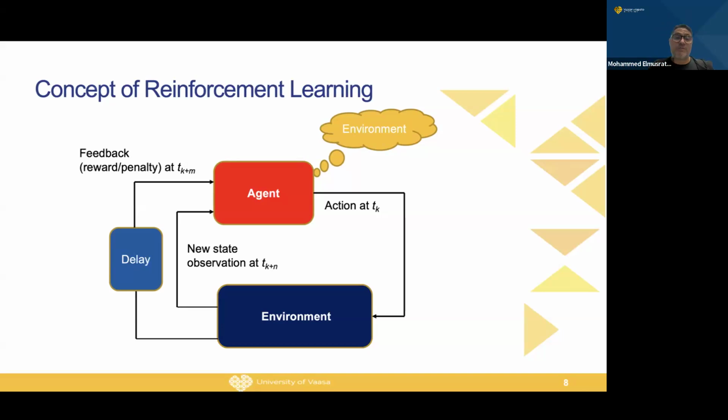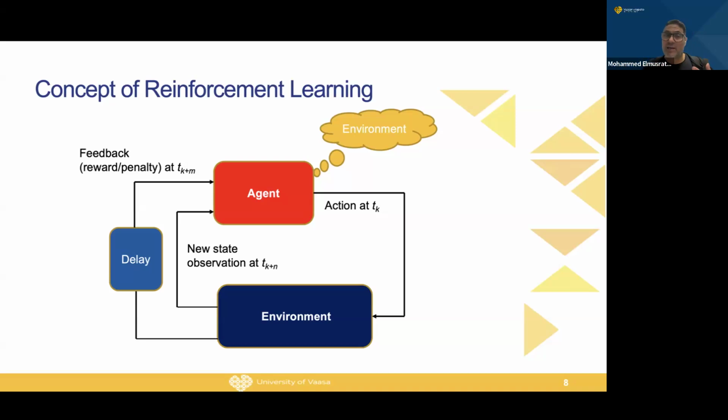But if it loses, then it will receive a punishment. And then we have some kind of adaptation that we will see later, how to adapt this Markovian process, or how to adapt the policy and the action from each state in order to maximize our chance to win.